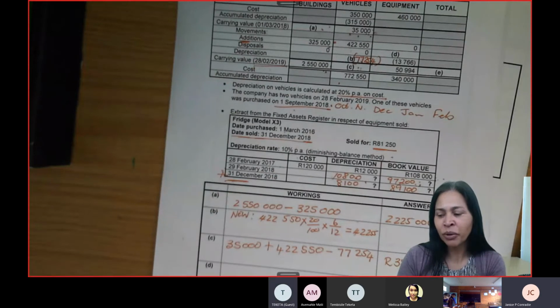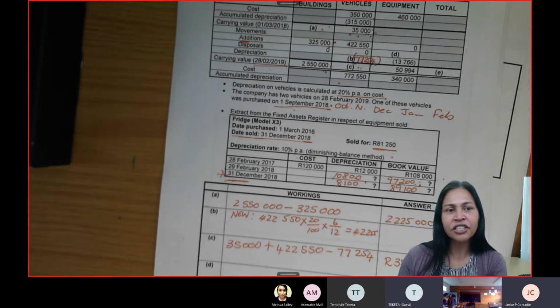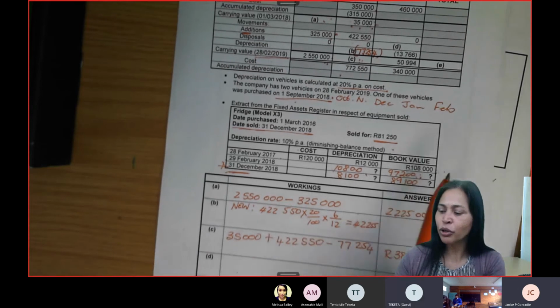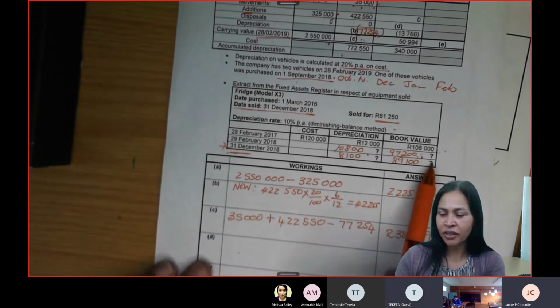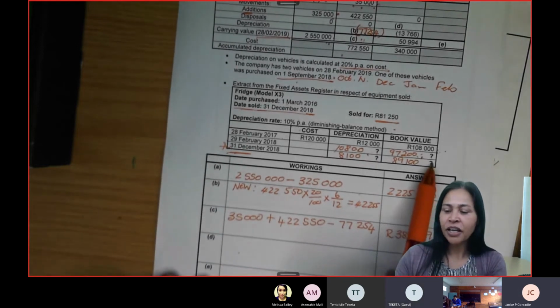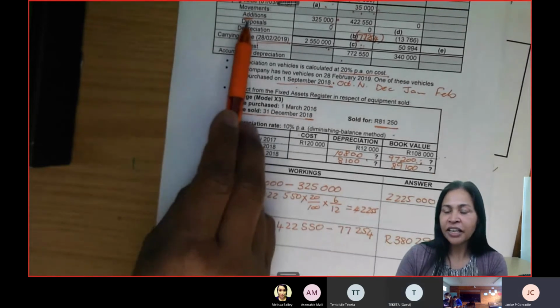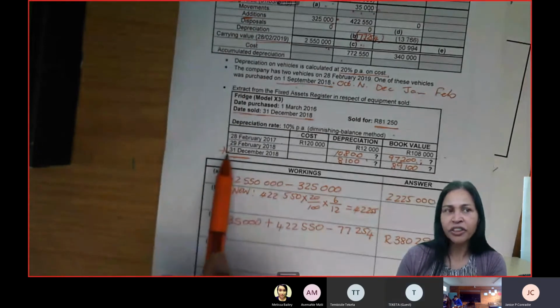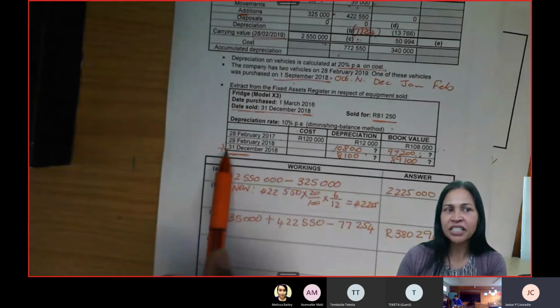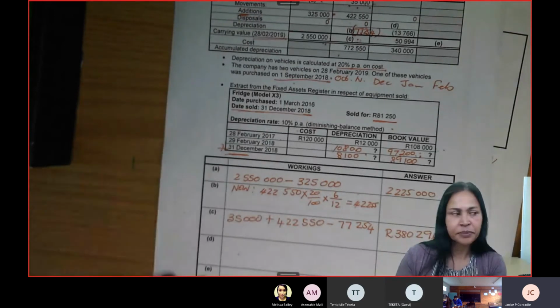You just need to tell me which amount you are going to enter for D. I'm going to show you the calculation once again in D, but I want you to look at the completed fixed asset register that we have here. I need to find the disposal at carrying value on the date of sale. The date of sale would be the 31st of December 2018.